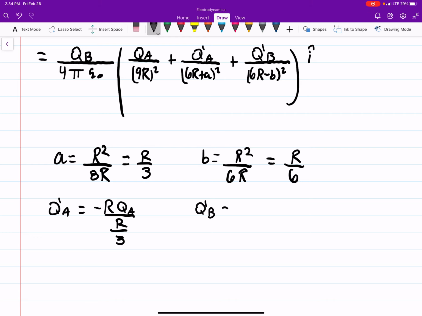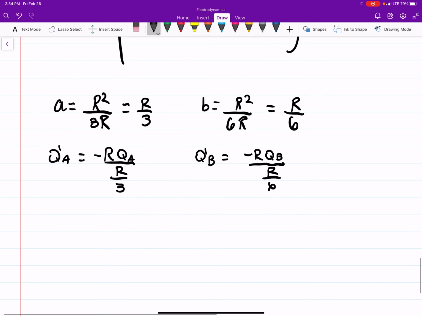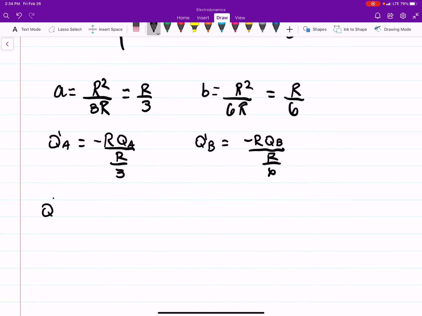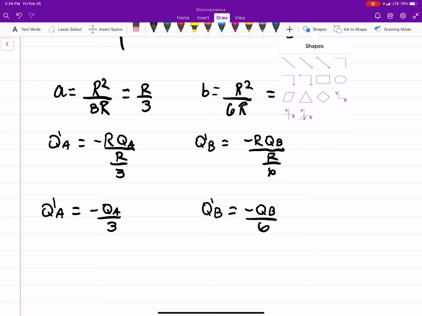And for Q prime of B, you get minus RQB over R over 6. And then simplifying our imaginary charges here, you get minus QA over 3. And the imaginary charge B is minus QB over 6. So I'm going to box this whole thing.